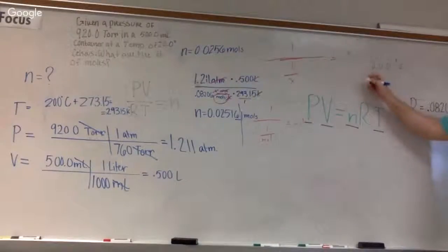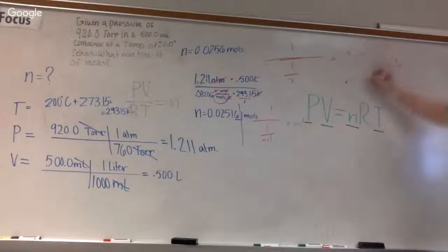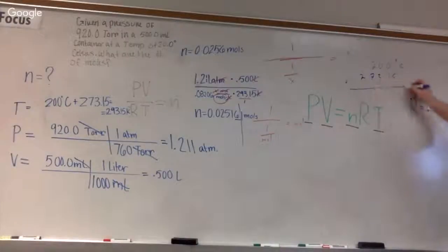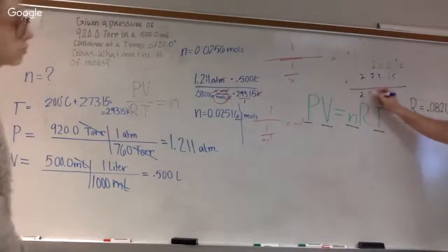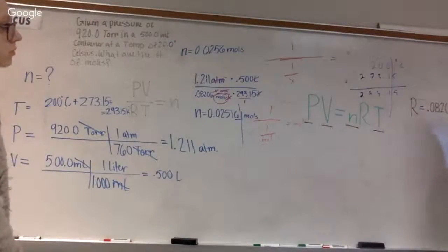Remember, adding significant figures is different than multiplying. When we add 273.15, wouldn't that become 293.15? Wouldn't the line of death go right here?